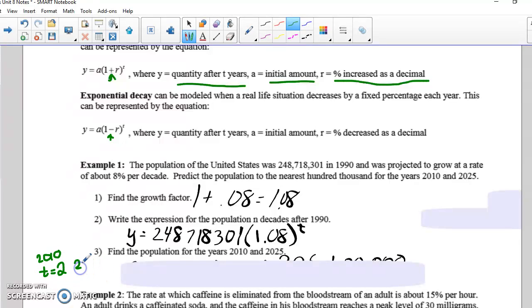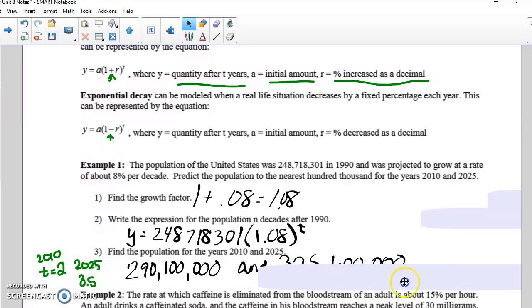For the year 2025, if you subtract 2025 minus 1990, you get 3.5 decades. Plug those in for t and solve, and you should get the following. You can see that the population grew quite a bit. Alright, so that's example 1.